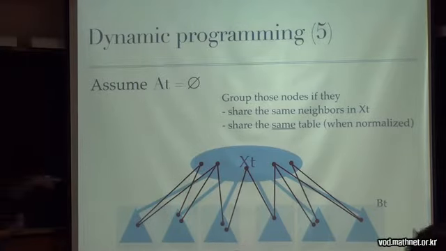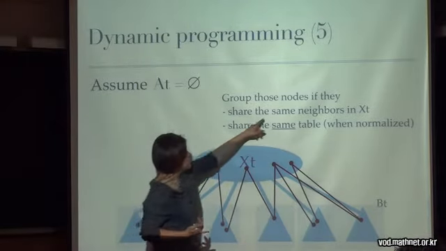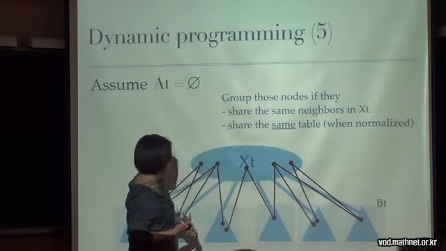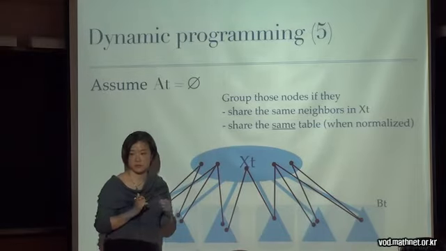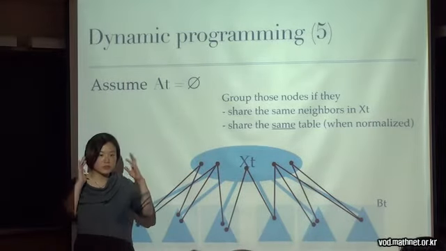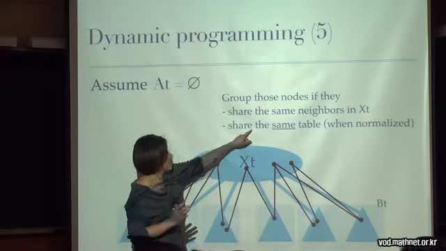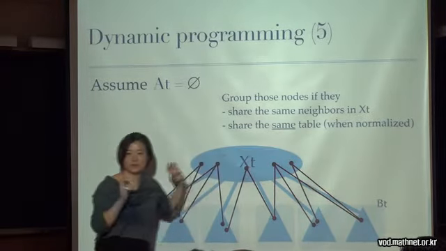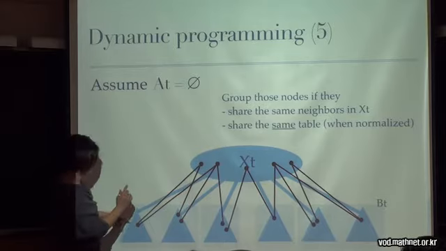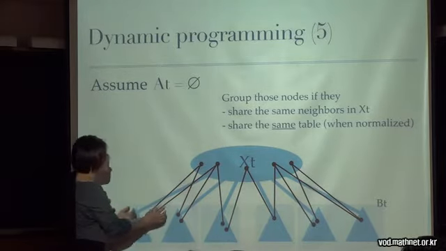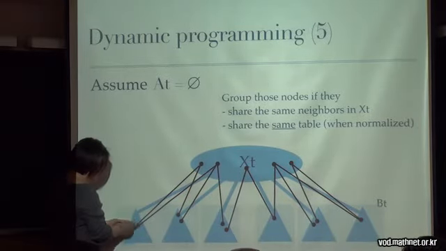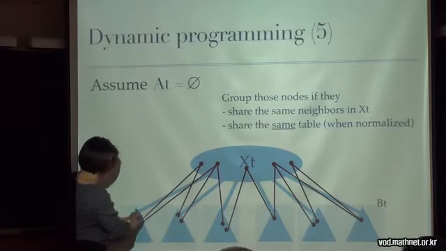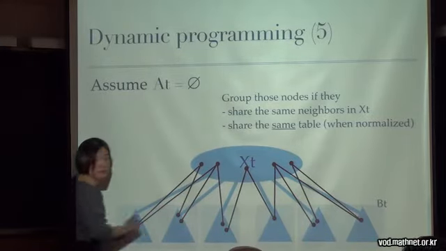One group consists of nodes which share exactly the same neighborhoods in XT, and which share exactly the same table of states. I don't define what this means, but if you have C states here and C states here, then you can have a one-to-one correspondence between these two states.